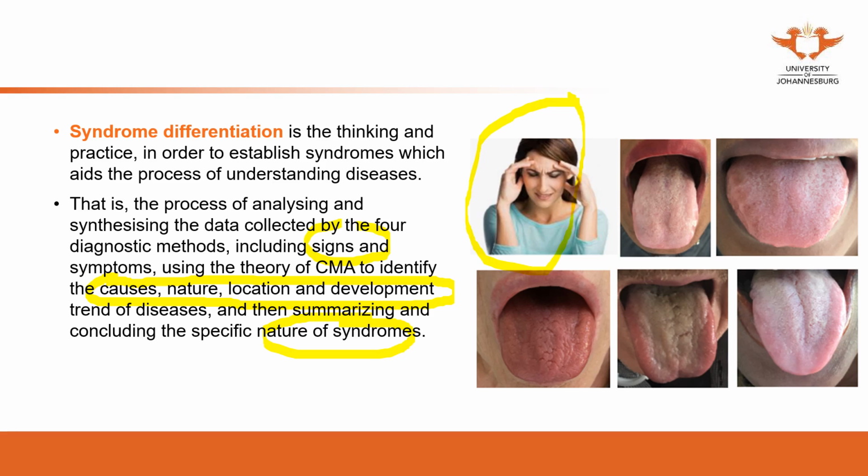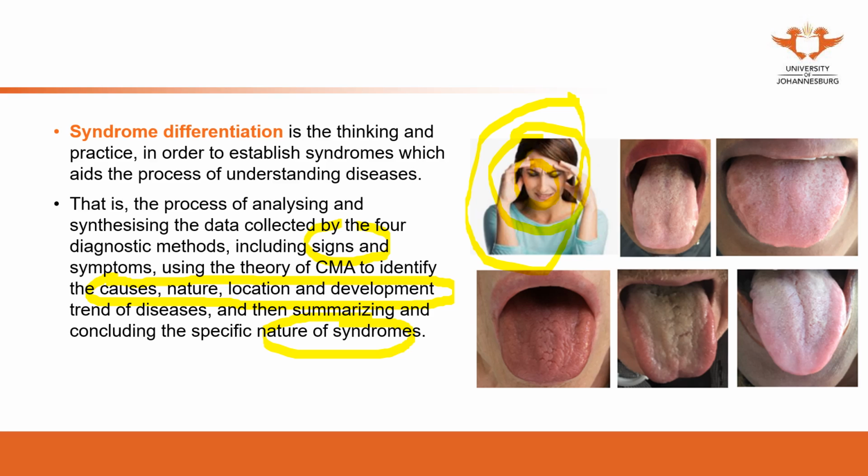I didn't ask her, so how do we know she might suffer from headache? That's from the observation. You see her expression. You see she's using her hands to hold the head, so this patient might suffer from headache. And then you may inquire the patient to confirm.